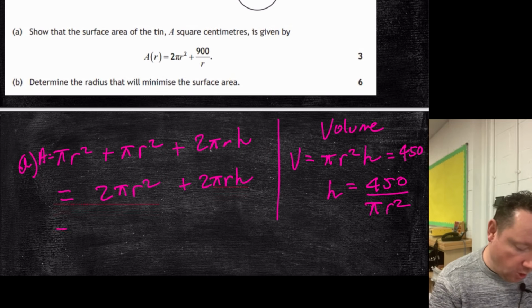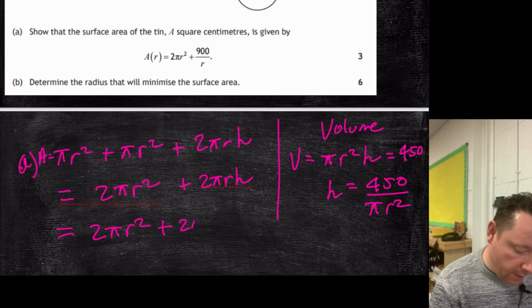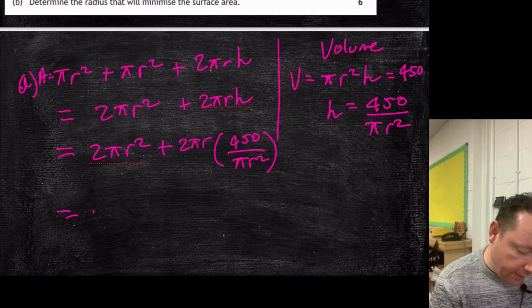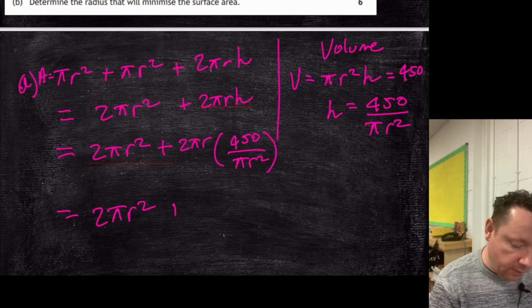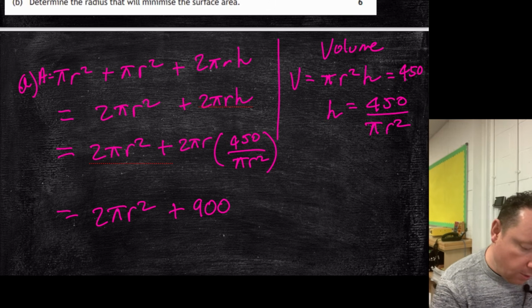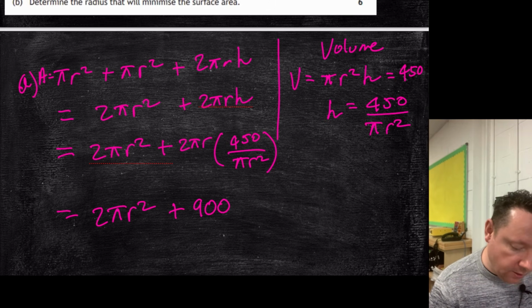So we can then sub it into here to make 2 pi r squared plus 2 pi r times 450 over pi r squared. And therefore, finally, we get 2 pi r squared plus 2 times 450 is 900. You'll notice that you've got pi over pi, that disappears. r over r squared, so that's just over r, as required.